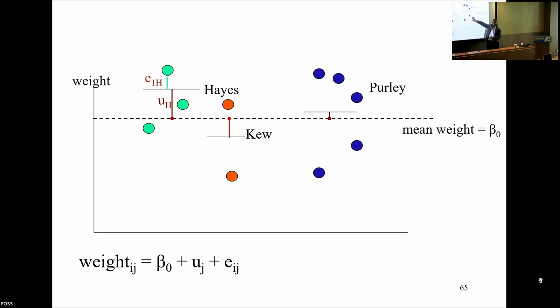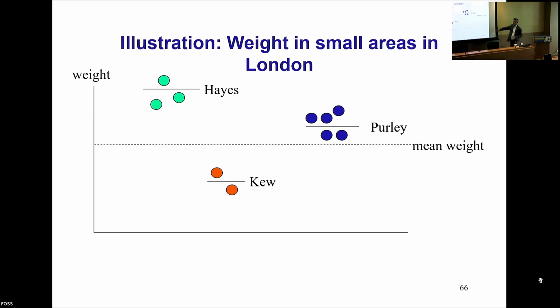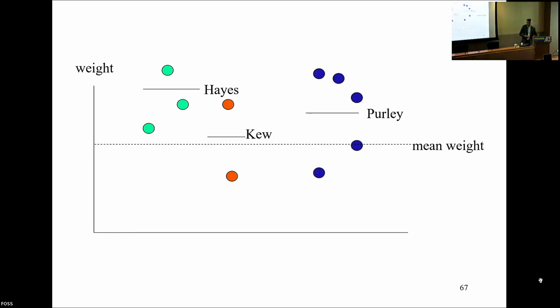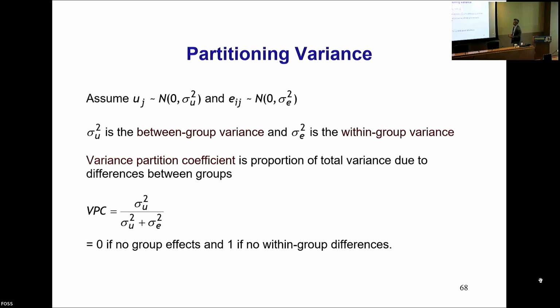So here the group mean doesn't matter so much for people's weight, but here the group mean matters a lot more. Once you know the group mean, you pretty much understand much of the variability in weight. So this is an illustration of how you can use multi-level models.